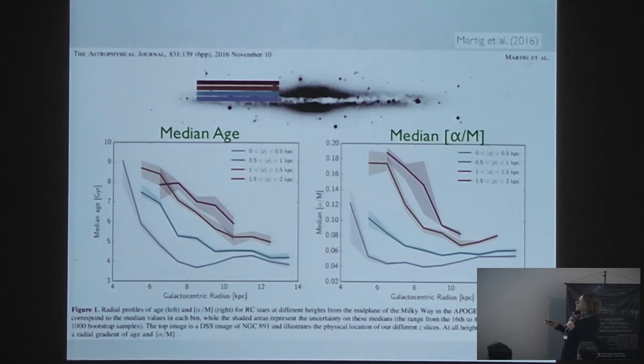When you move at higher height from the plane, you get on average older and older ages, and also milder gradients. Okay? So what this is telling us is similar to what we saw in the other plot. Stars that stay above the plane are on average older. Stars that stay in the plane are on average younger.